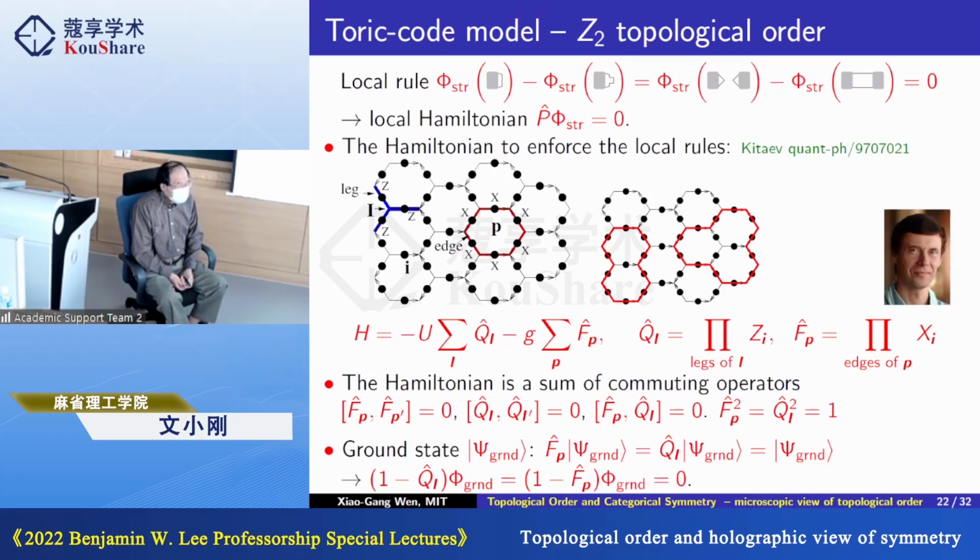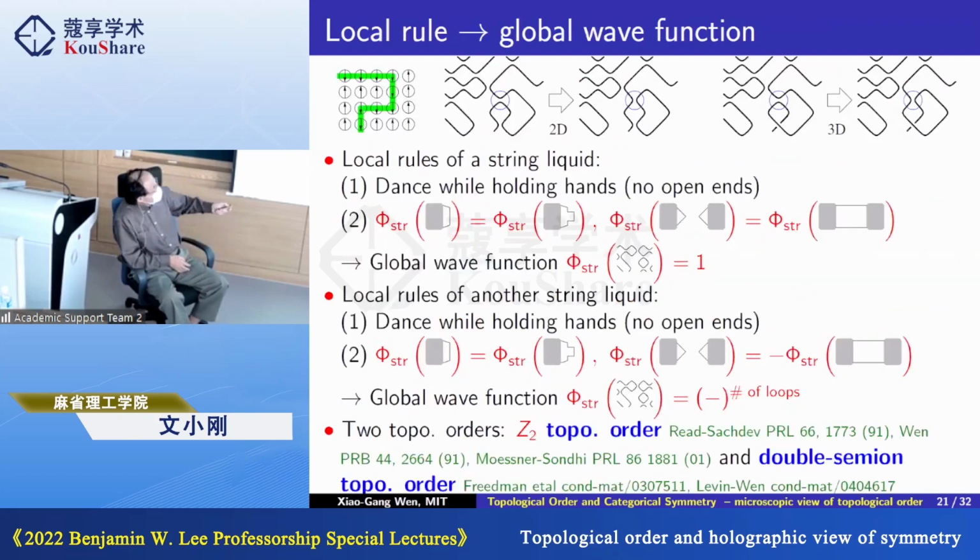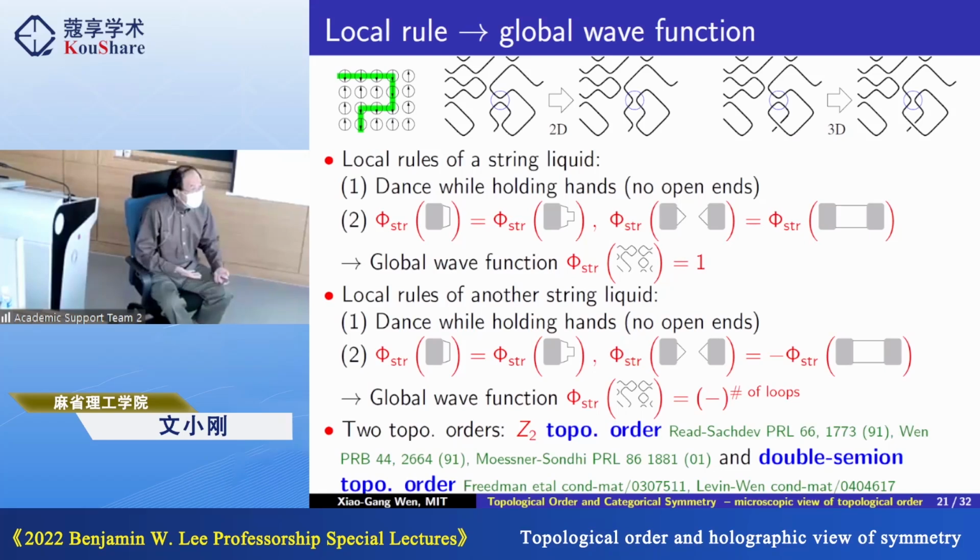It doesn't have any reinterpretation. Here I just say this string liquid potentially may have topological order and long-range entanglement. And then the question is, can you give me a concrete Hamiltonian whose ground state is indeed a string liquid, whether it's realizable? Because here I just wrote down the wave function.